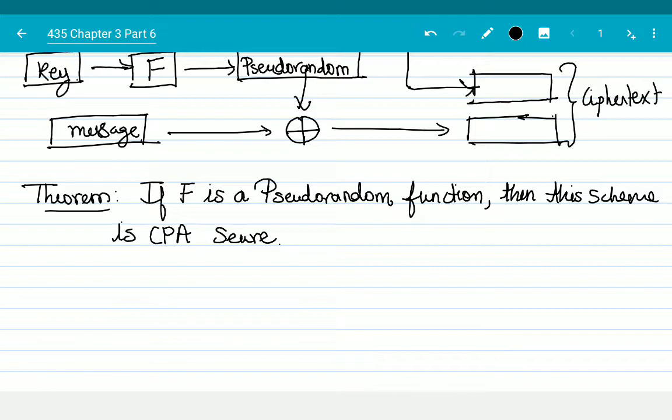And we had proven previously that such a scheme, if it's CPA secure, is also multiple-message secure for CPA.